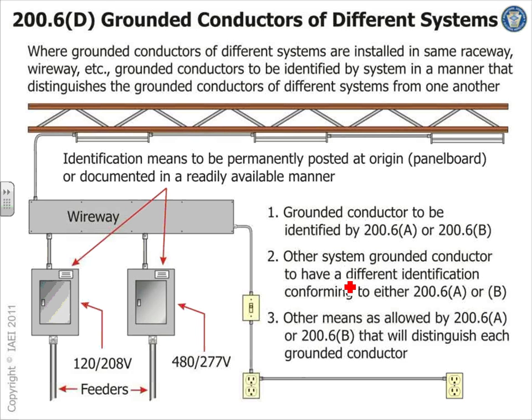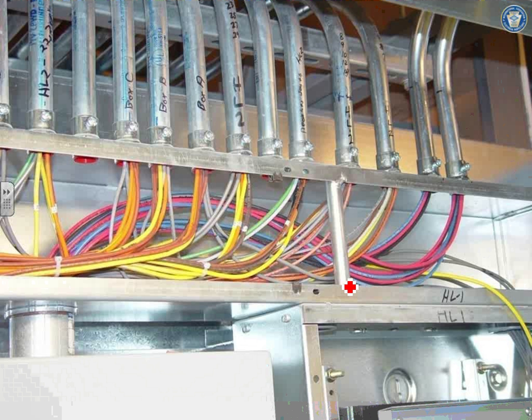So these are the grounded conductors. Different systems have to be separated, guys, and identified at the panel. If you have two voltage systems in your building, as most buildings do because of 480, 277, 208, 120, you're supposed to identify the color code for every system by phase and by system. So you end up with the color coding for the 208 and the color coding for the 480.